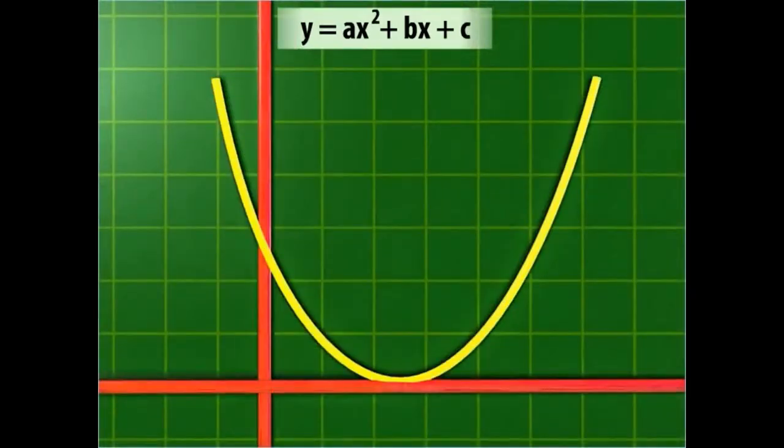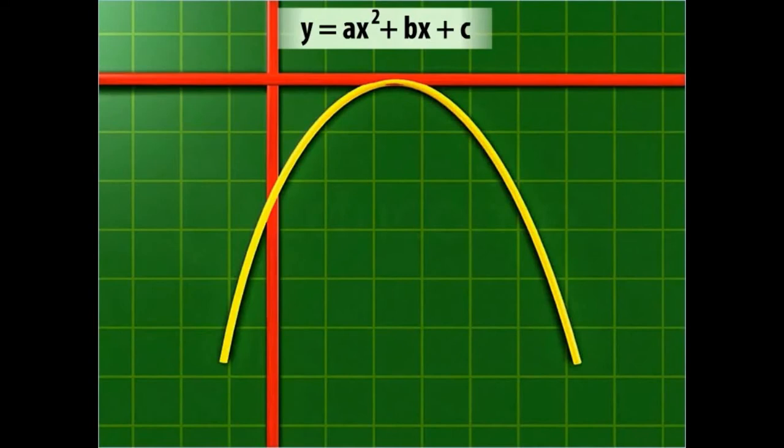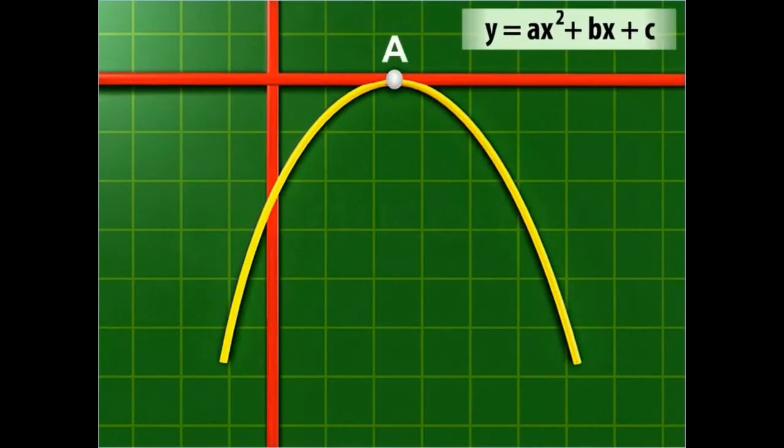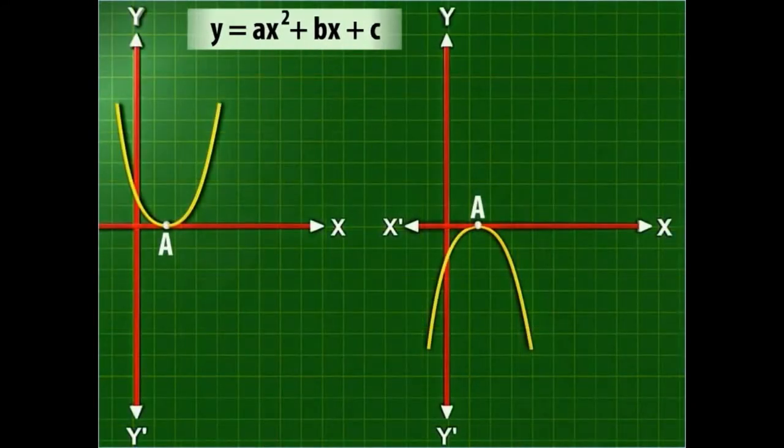In the second case, the graph cuts the x-axis at one point. That is, the two points A and A dash coincide with each other. So, the zero of the quadratic polynomial is the x-coordinate of the point A.